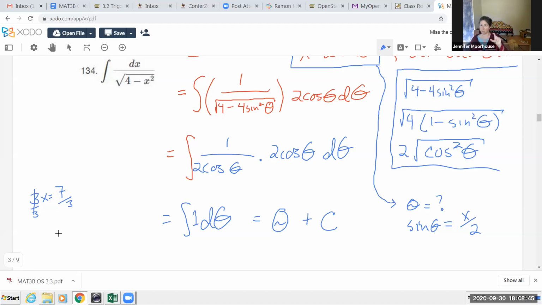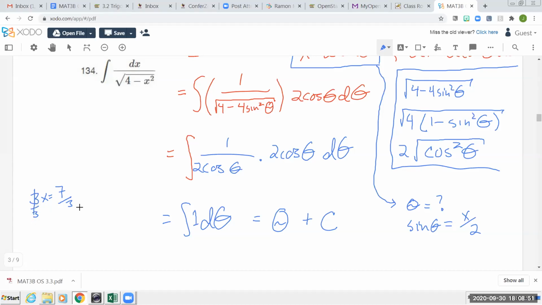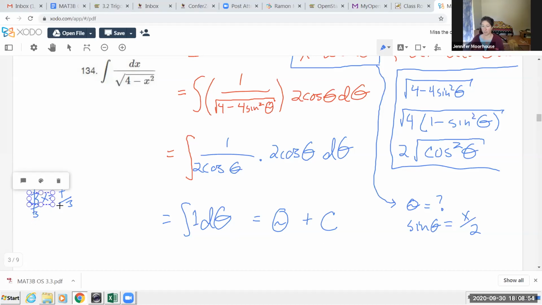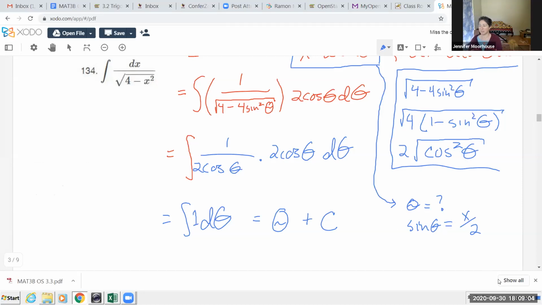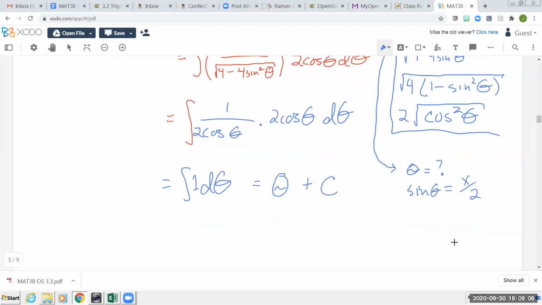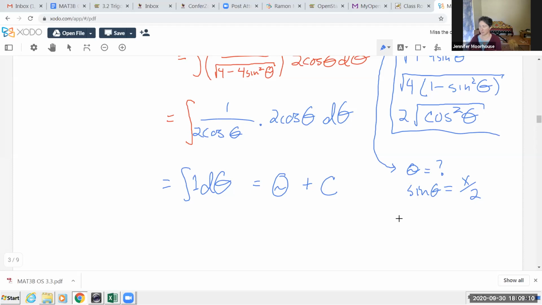Well, here we're going to use the inverse of the sine function. So take sine inverse of both sides.